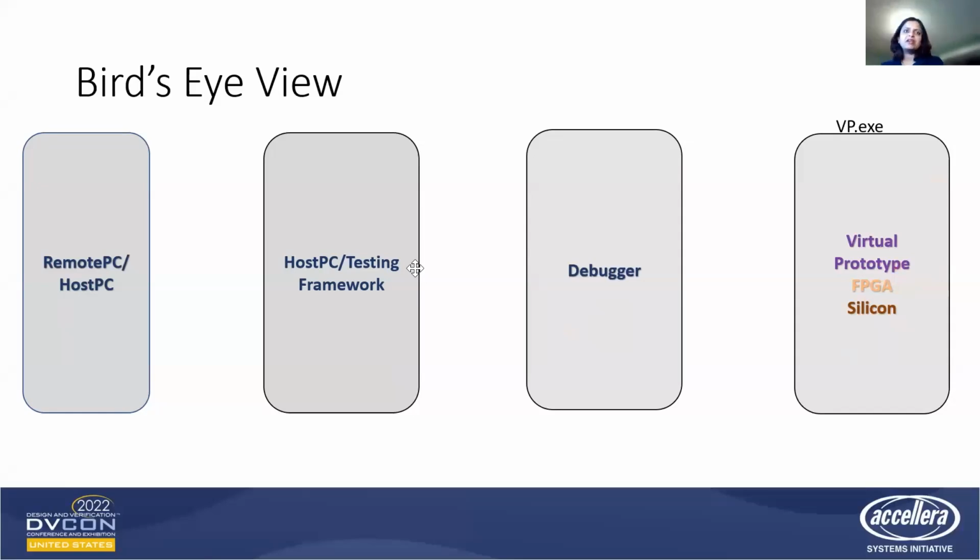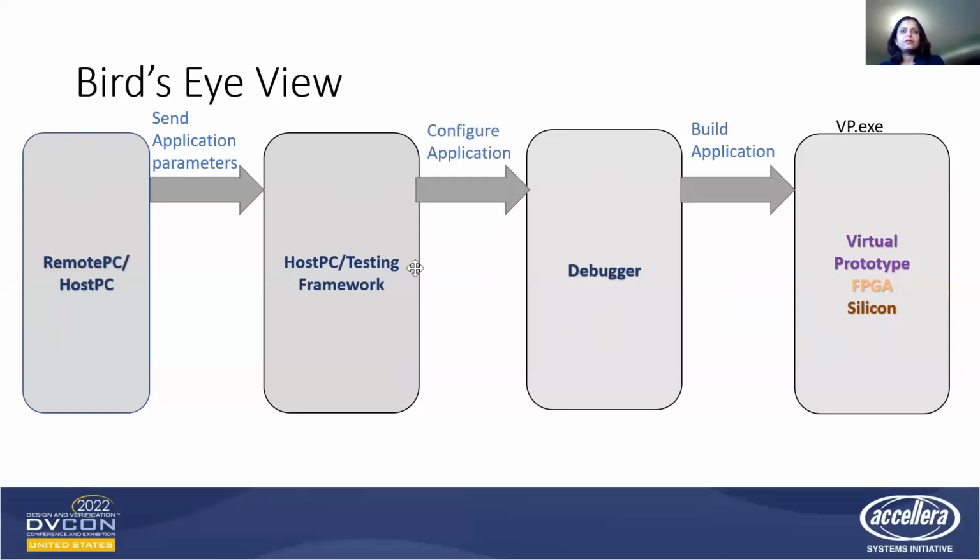Now let us see how the application control flow works here. The remote PC sends application parameters to the host PC. The software testing framework running on the host PC then configures the application, which is then built by the debugger. The system under test then executes the application.